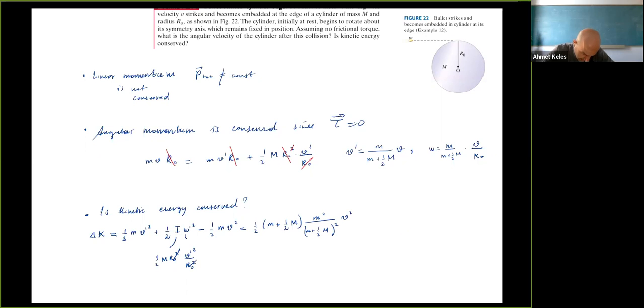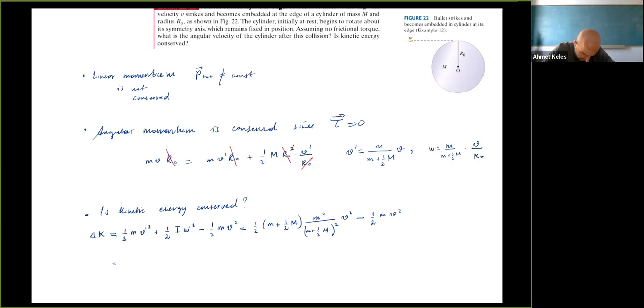And we need to subtract the initial term, which is minus 1/2 m v squared.